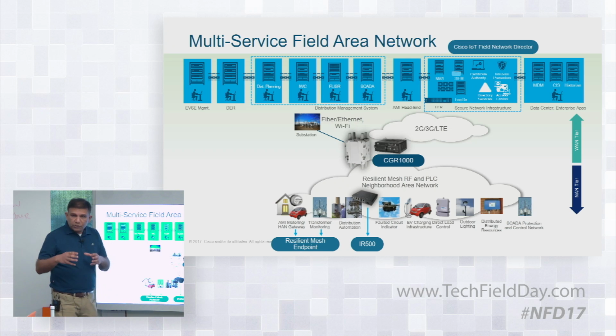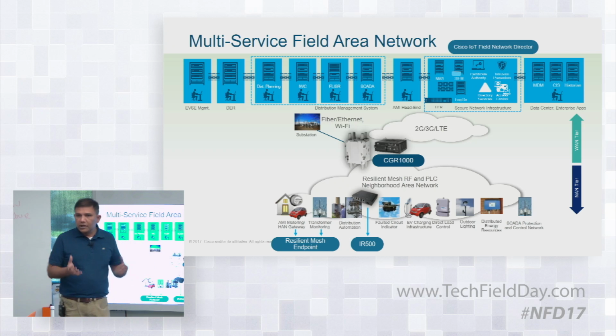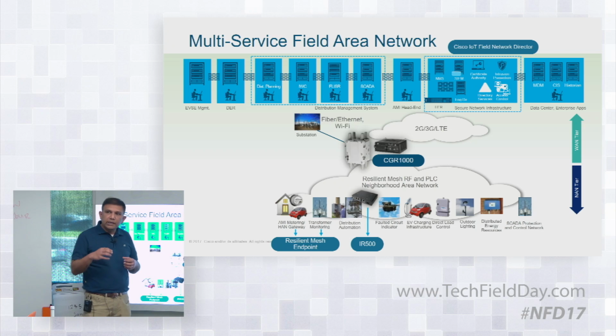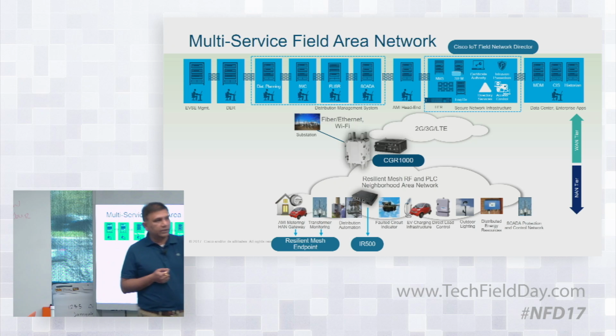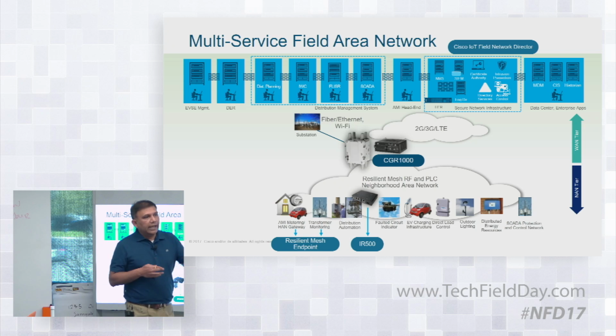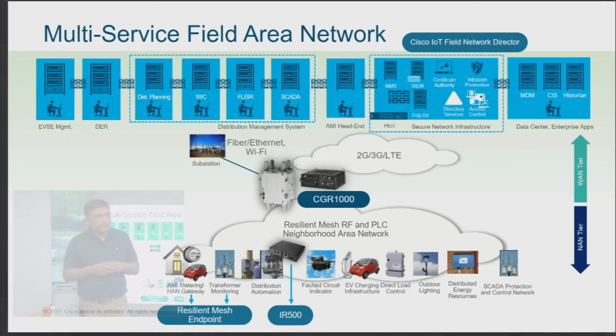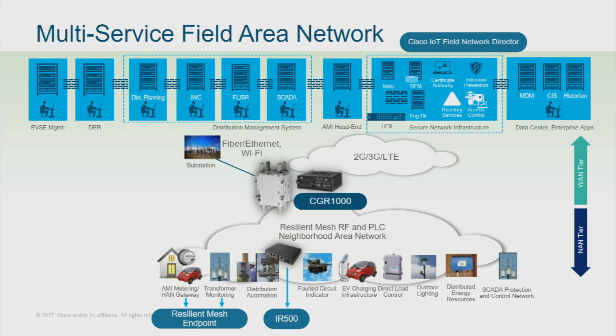But Cisco also provides the networking stack and the documentation and APIs that a partner can integrate into their own device through DevNet, essentially Cisco DevNet. And so they can come out with a variety of endpoints, and one of them is shown here, which is we partner with Itron, and this is an Itron OpenWay meter that has a CG-Mesh module integrated into it. There are other types of endpoints like street light sensors and line sensors and so forth.